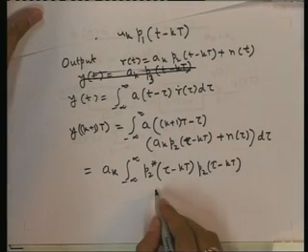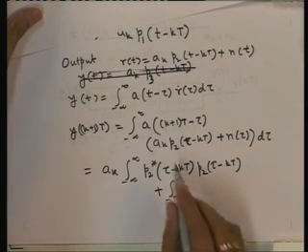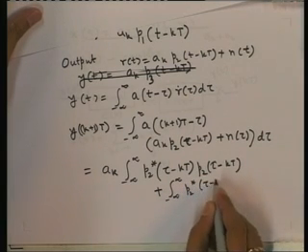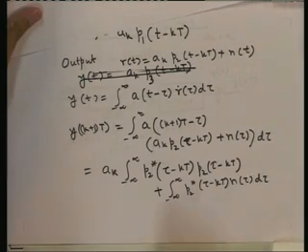This is a_k. There is another summation, the integral from minus infinity to infinity of p2 star(tau minus kT) n(tau) d tau.